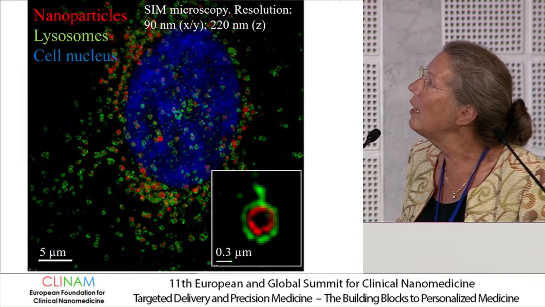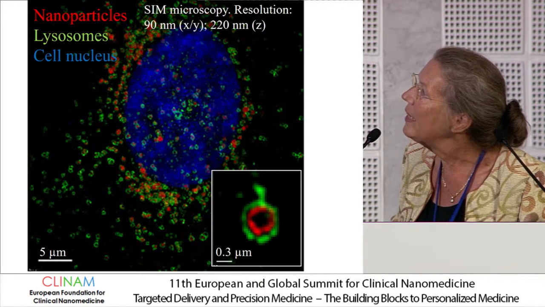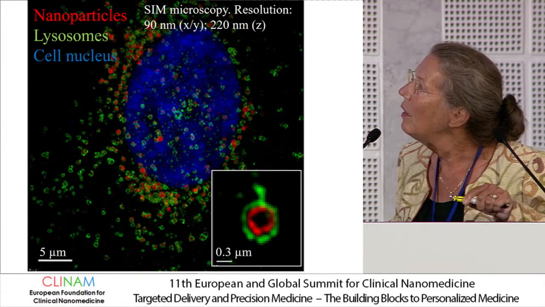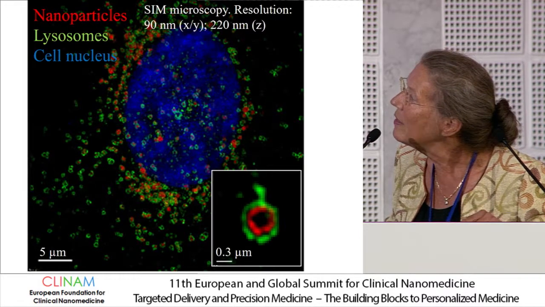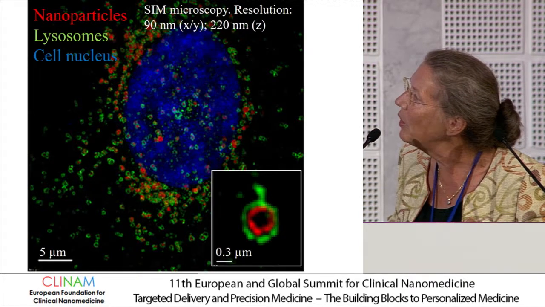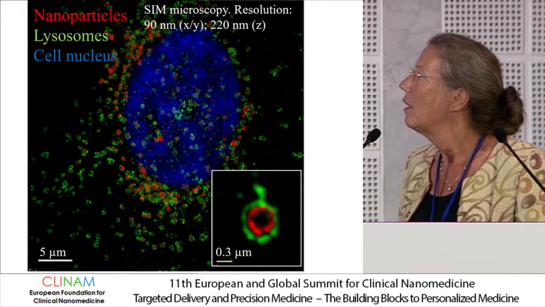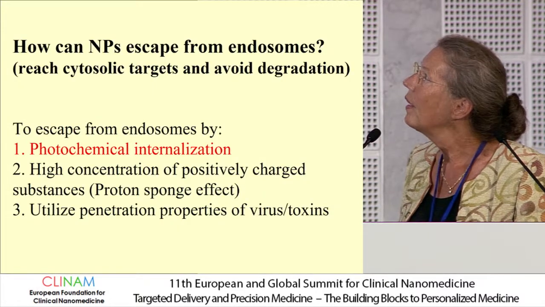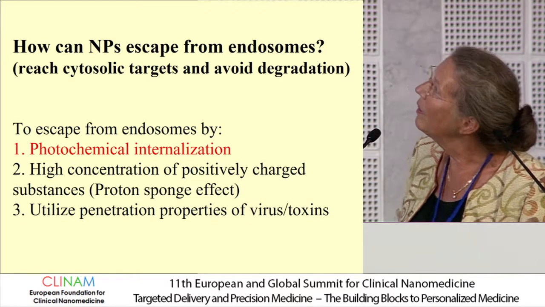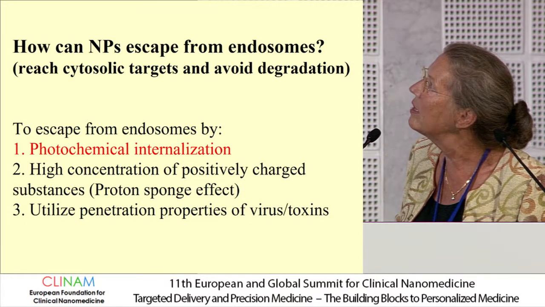And of course, with high resolution microscopy, then one can more easily identify what's in lysosomes. For instance, here is a lysosome labeled with LAMP1, and you see some red nanoparticles inside. I should add also something about escape of nanoparticles from endosomes.